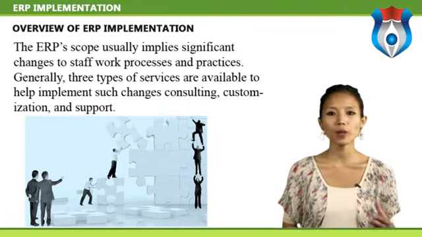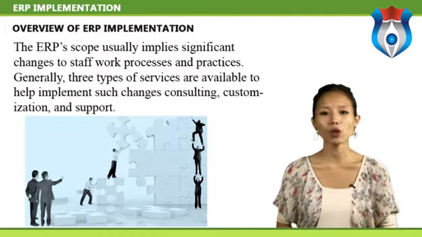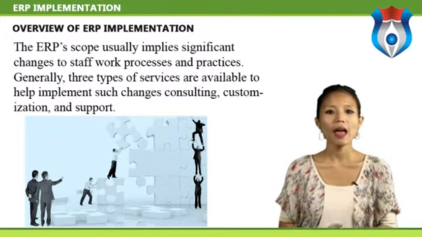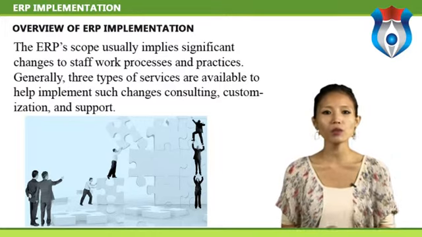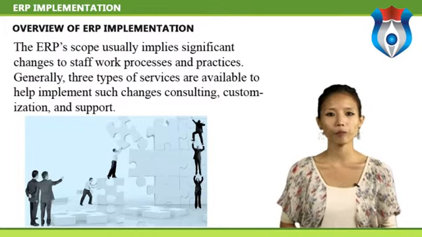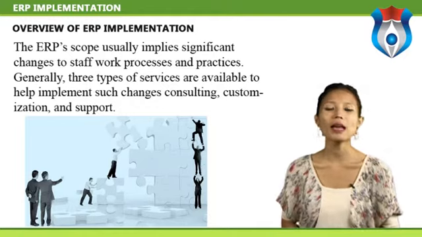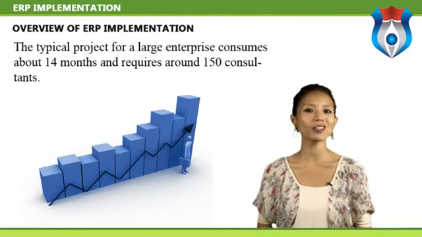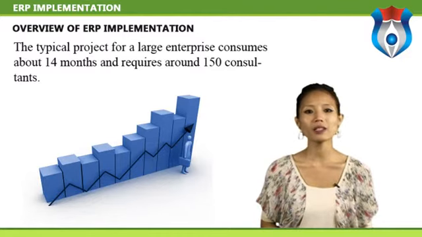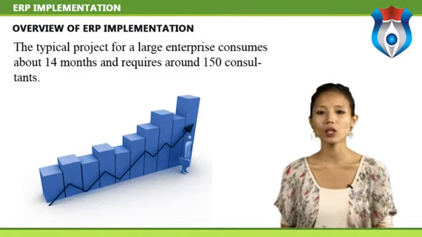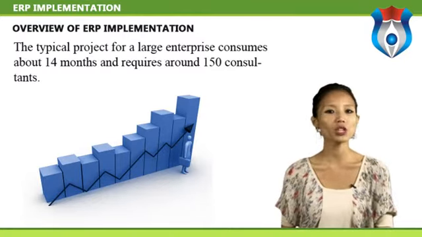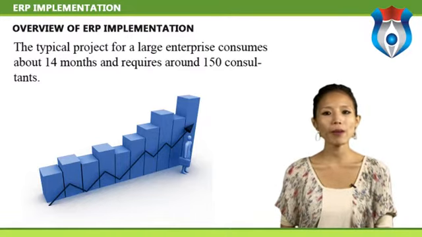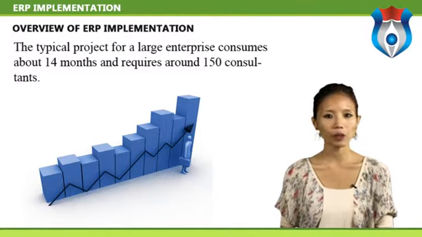Implementation time depends on business size, number of modules, customization, the scope of process changes, and the readiness of the customer to take ownership for the project. Modular ERP systems can be implemented in stages. The typical project for a large enterprise consumes about 14 months and requires around 150 consultants. Small projects can require months. Multinational and other large implementation can take years.